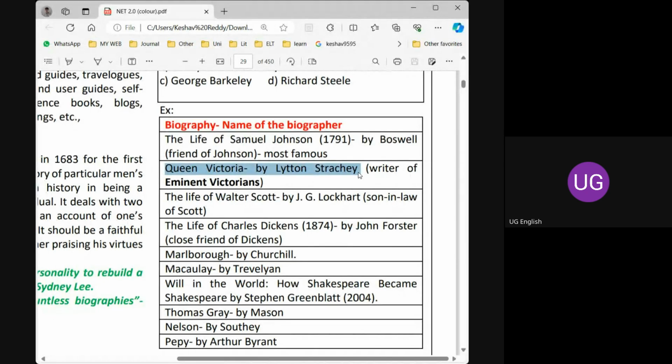Just try to answer the question. It's again a memory test for you. I'm trying to get a response from you in the chat box. Who are the persons mentioned in the Eminent Victorians? It's a very important work, Eminent Victorians by Lytton Strachey.